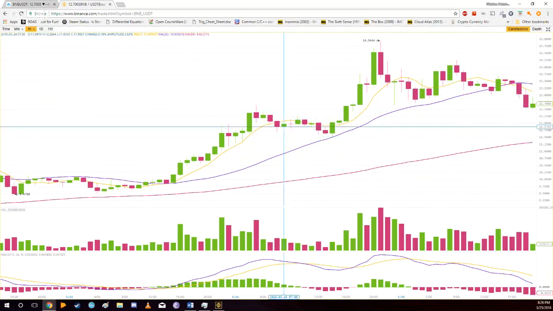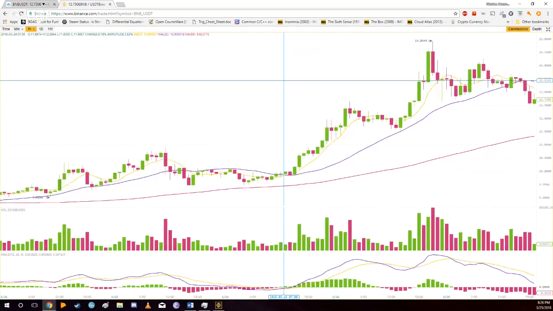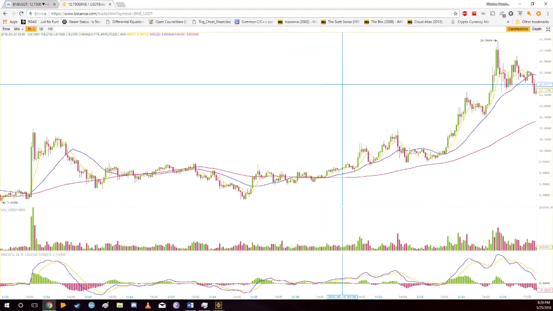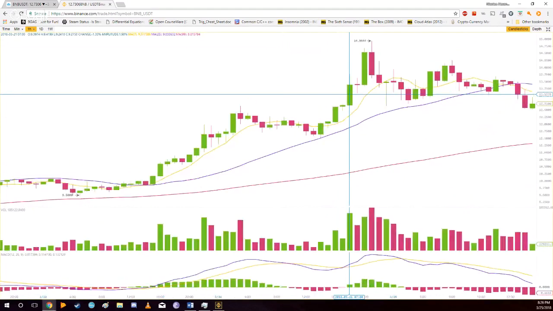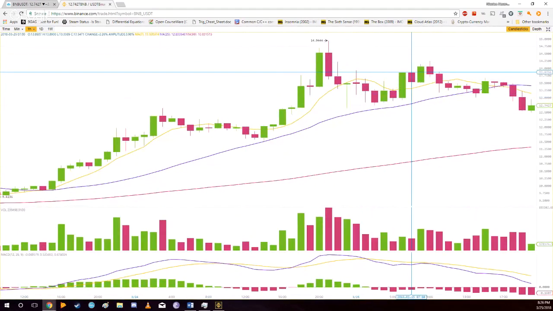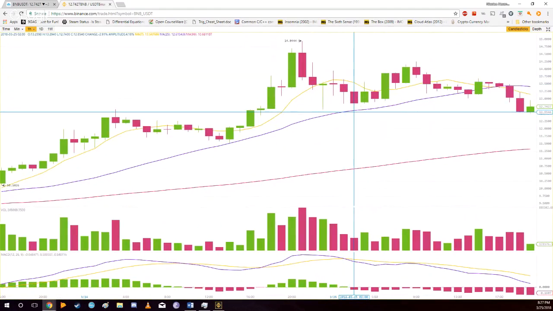This until here is about MA25, and MA100 is way, way down here, I believe, somewhere around here. With MA, you can see clearly the resistance and support levels of those candles. On this one, the current support was the MA25.